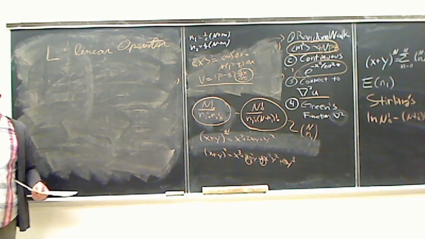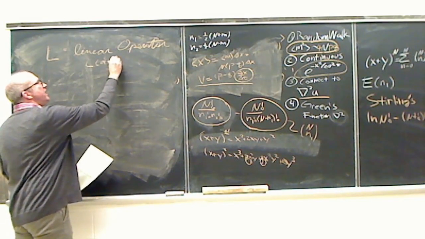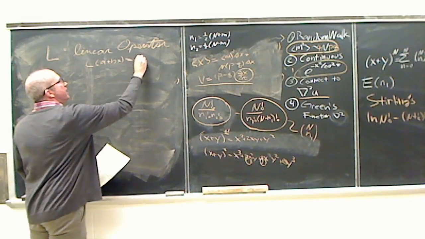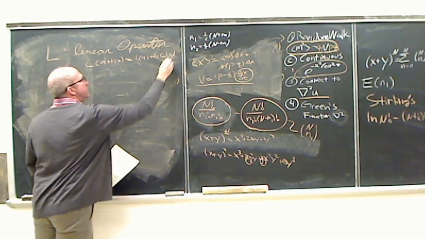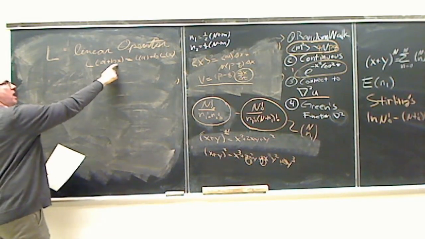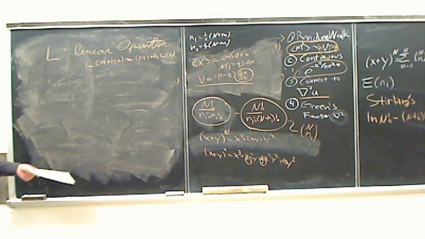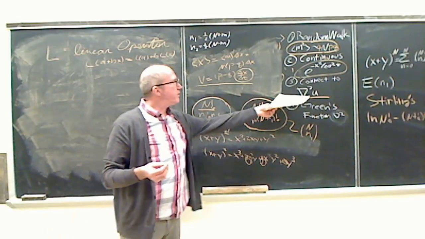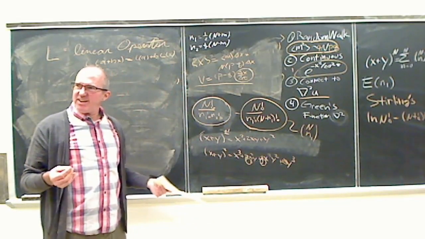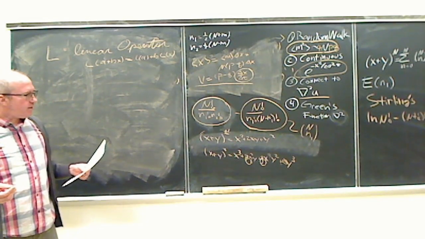So L of A plus BX equals L of A plus B L of X. So adding distributes and constants come out. Both of those things are important. Del squared, all of your derivatives, all your powers of derivatives, and integrals are linear operators. So there's a lot of things that are linear operators that you can do things with.